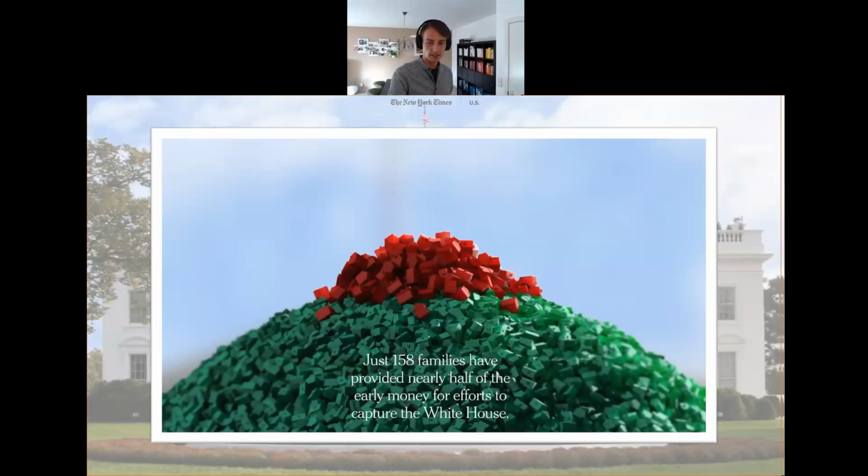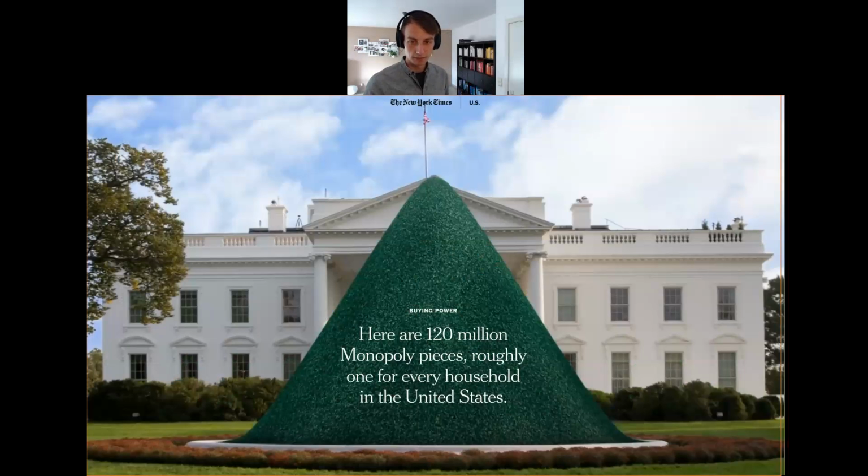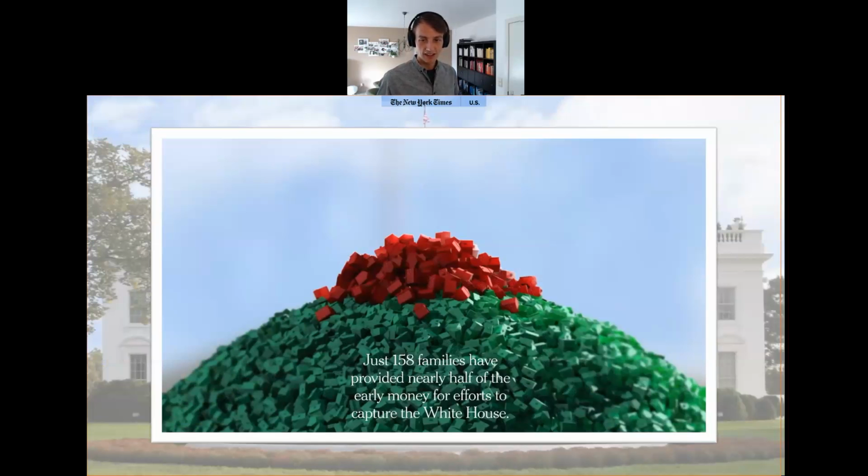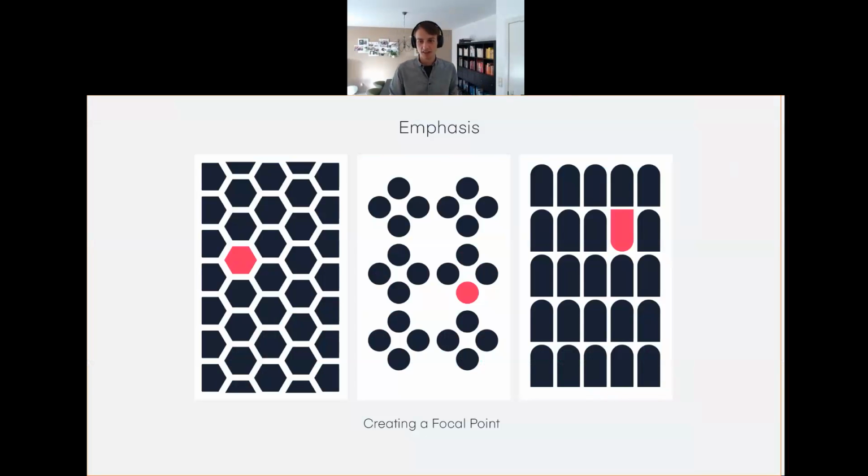So comparing the scale of these two different things, the heap of all the different households in the United States given in green, and then this very small fraction given in red, this helps us to see the scale of what's actually going on. And that's why I like this. This was for me a nice example of how scale can be used in a data visualization.